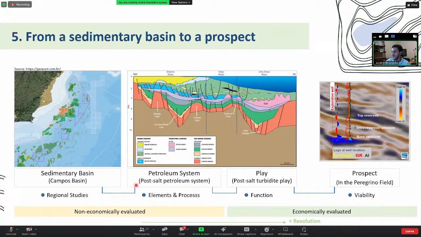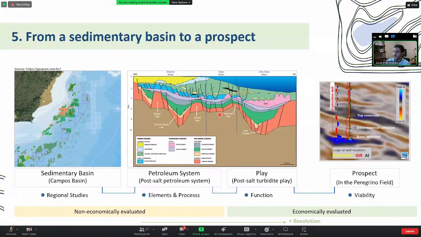In this case, I'm bringing the example of a post-salt petroleum system where you had the source rock below the salt, but it was able to migrate to reservoir rocks in the post-salt turbidite. So this is an example of a post-salt petroleum system.